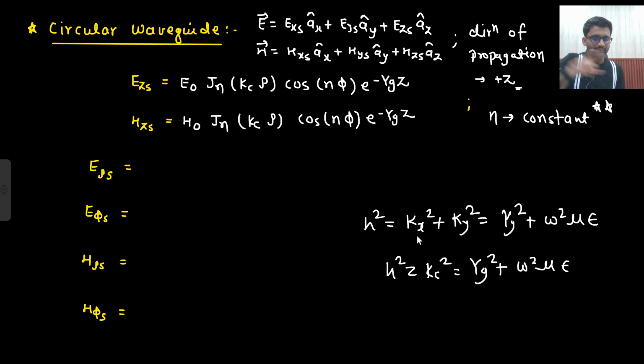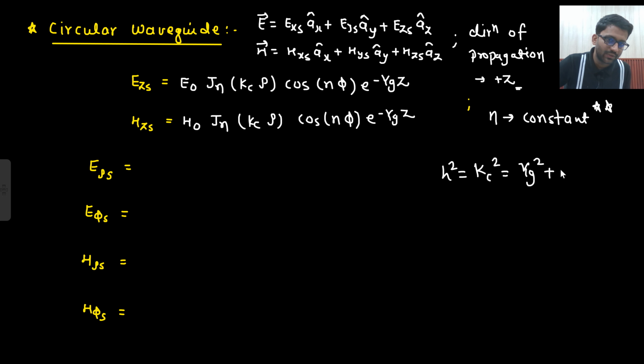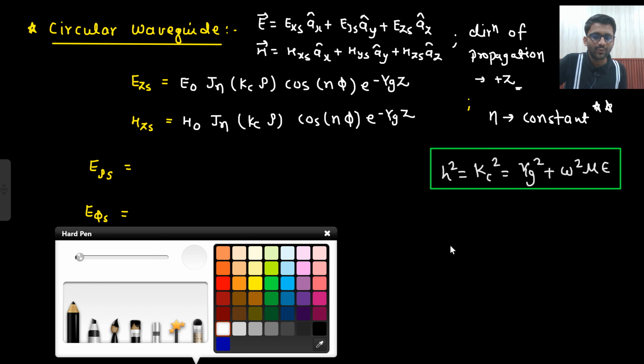There it was kx and ky. Here it is only one, that is kc. So here what I need to write is that h square is equal to kc square is equal to gamma g square plus omega square mu epsilon. So this you need to remember. In our rectangular waveguide also we were remembering it.